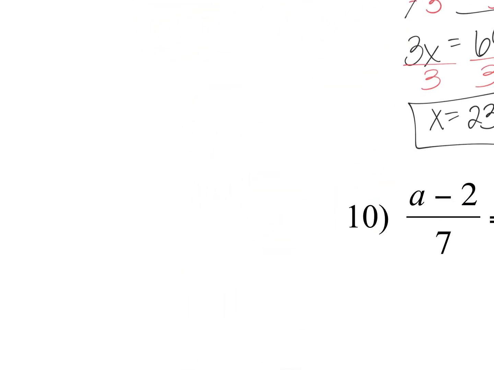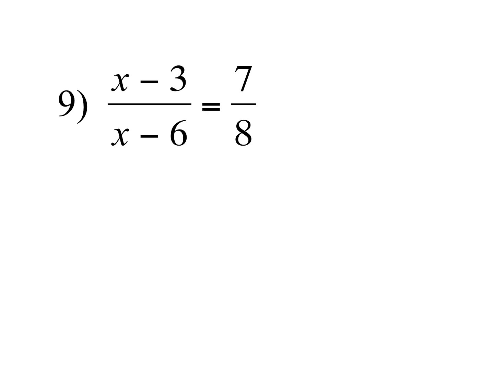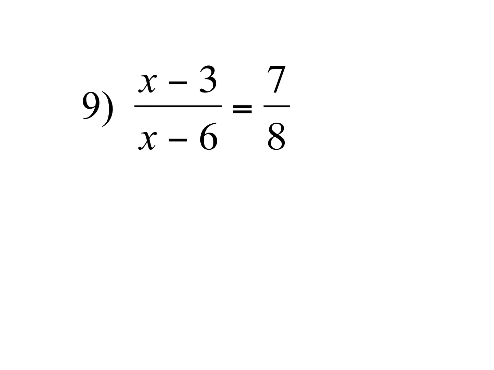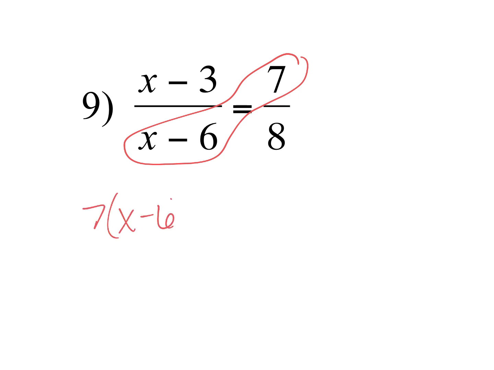Okay, 2 more, and they're going to be harder. Now, instead of just one thing with an x in it, I gave you 2 things with an x in it. How nice of me. Don't worry, you're going to do it the exact same way. It's just going to be a little bit more work, but that's all right. So we've got 7 parentheses x minus 6 on that side.